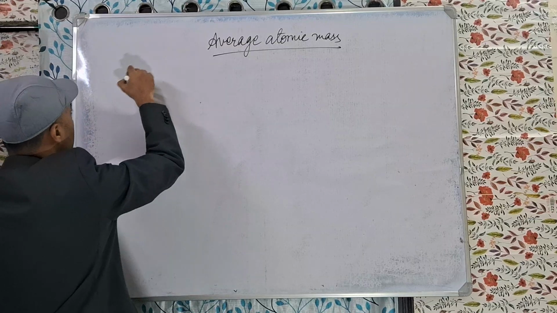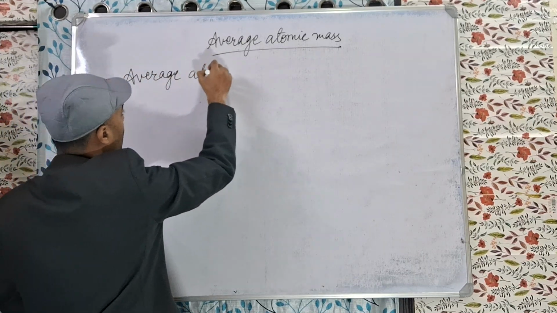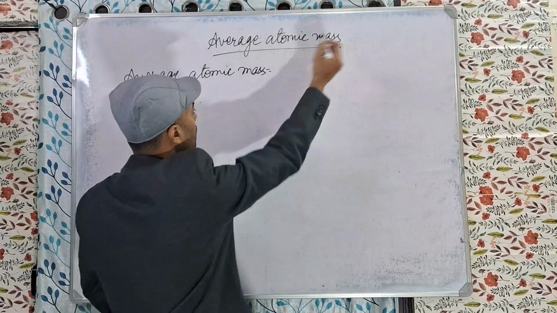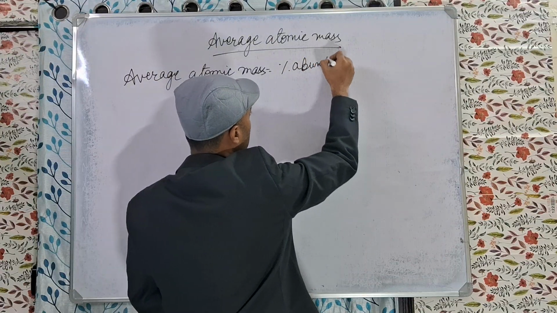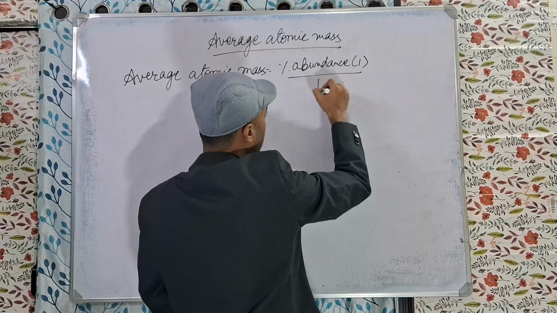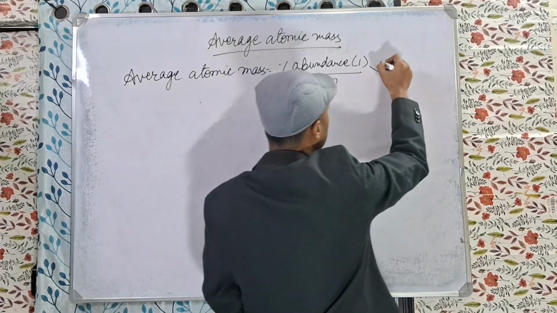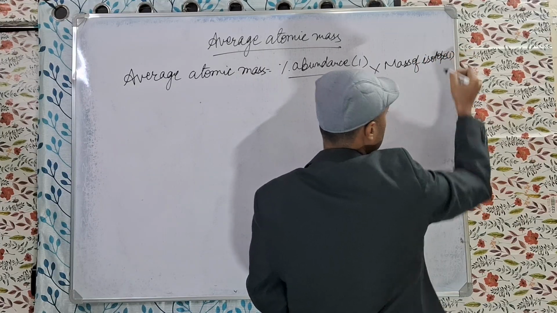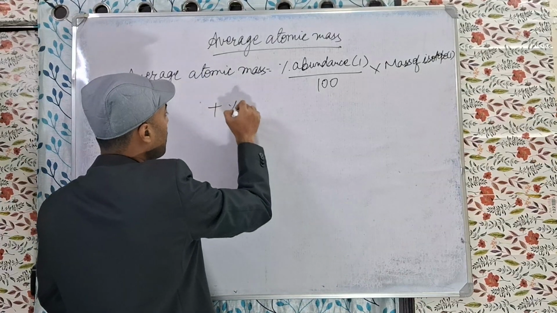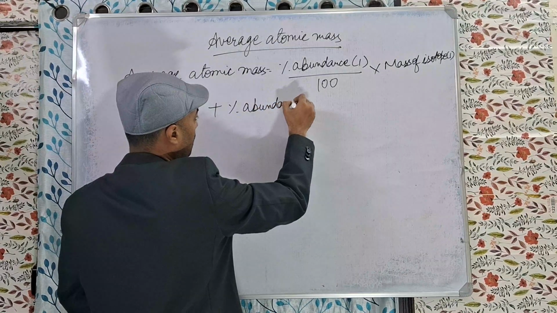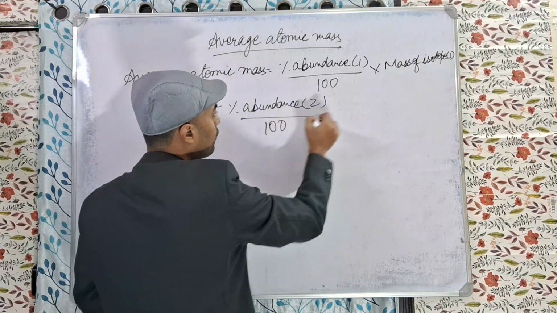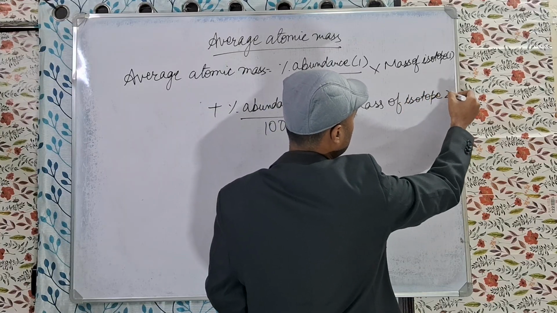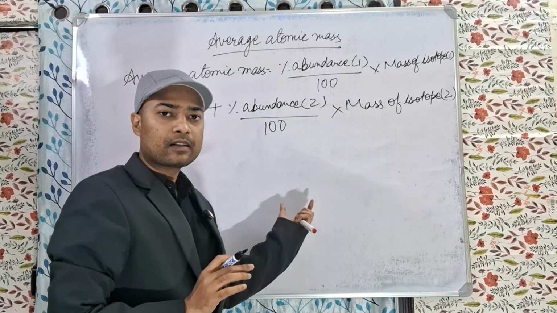Average atomic mass is equal to, suppose that if there are two isotopes, then percentage abundance of isotope 1 divided by 100, into mass of isotope 1, correct, plus percentage abundance of isotope 2 divided by 100 into mass of isotope 2. Correct? Let us understand this with the help of an example.